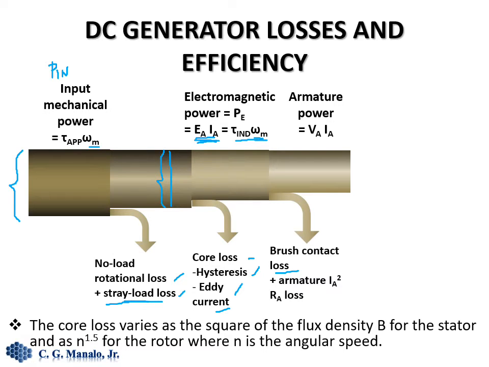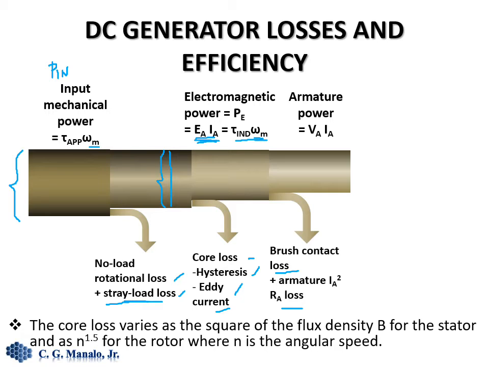So remember, the brushes have a voltage drop, especially if there is a load, and likewise, due to the resistance of the armature, we have a copper loss there. That further decreases the amount of power left for the output.